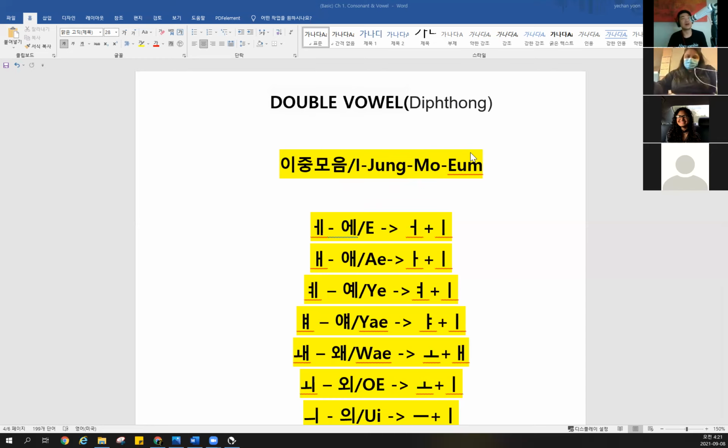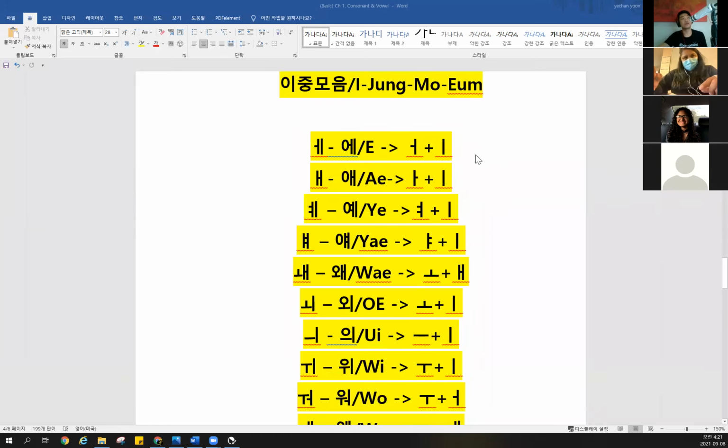So we also have a different word for double, which is 이중. 이 means two, and 중 means double or duplicate. So 이중모음. 이중모음 is a single vowel plus another single vowel.